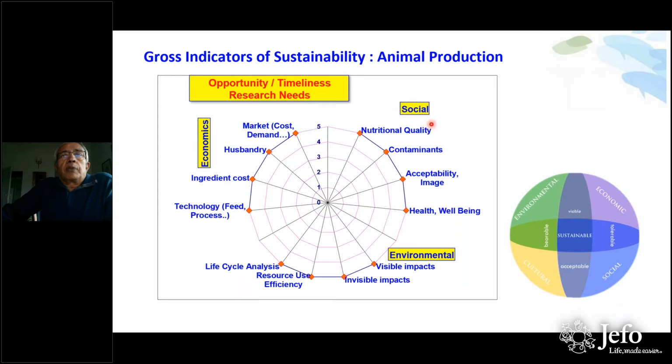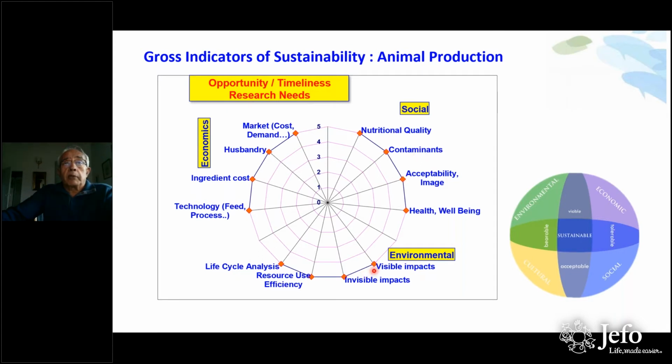And when it comes to societal issues, you have to think in terms of acceptability, image, health and well-being of not only animals, but also the people who are eating the food, nutritional quality, and possible levels of contaminants and the reductions, that is, how to do it. And the environmental issues, of course.